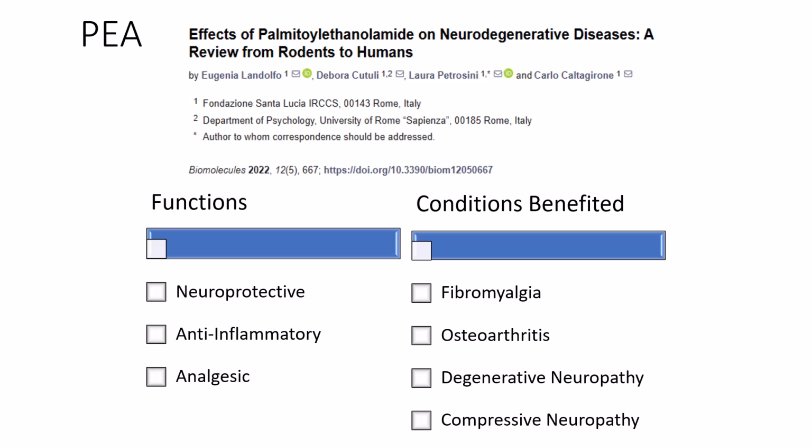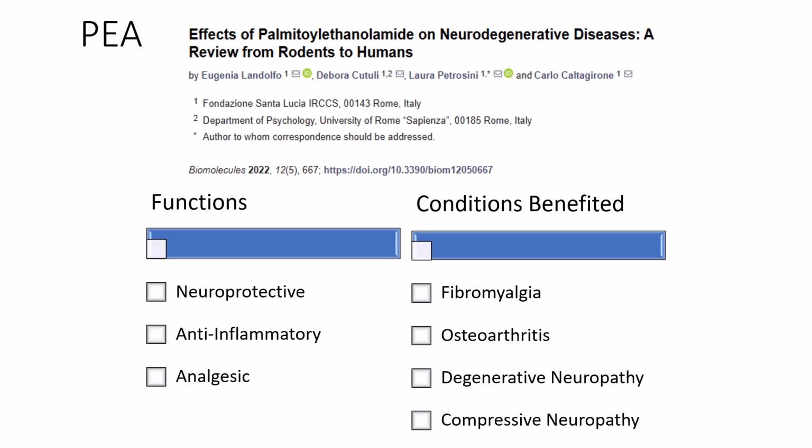This study is entitled "Effects of PEA on Neurodegenerative Diseases: A Review from Rodents to Humans." The researchers concluded that the main actions or functions of PEA were neuroprotective, anti-inflammatory, and analgesic, meaning pain relieving.